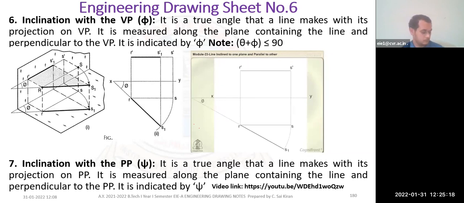In the front view, the point S dash will move towards R dash along the line R dash S dash to a point S dash 1 on the projector through S1. RS1 and R dash S dash 1 are the projections of the line RS1.